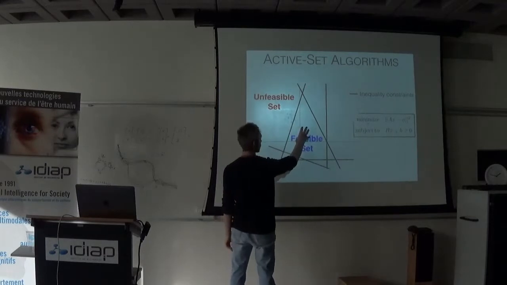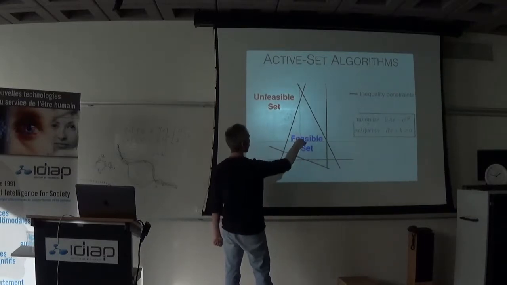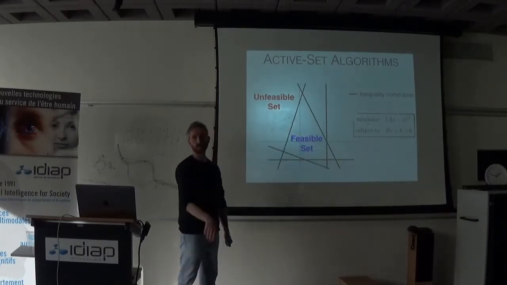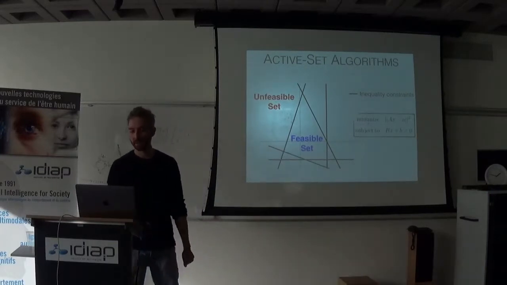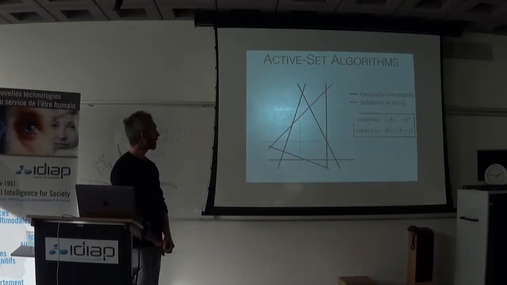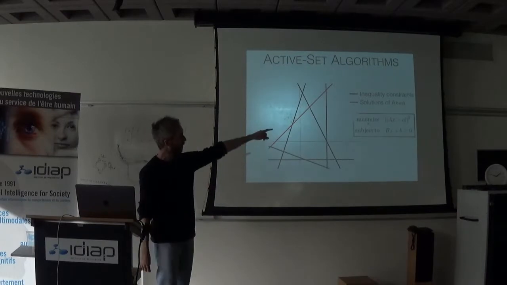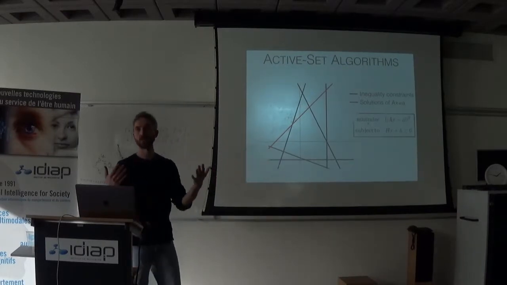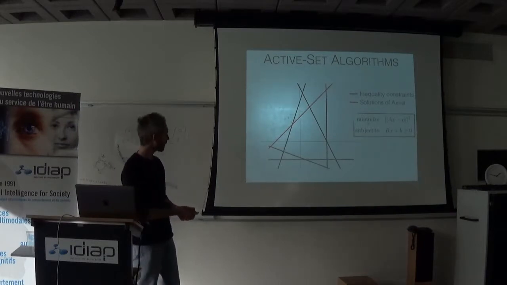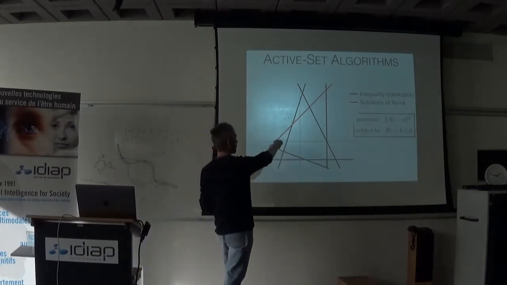So this region inside is the feasible set, and everything outside is unfeasible. And suppose that the solutions of Ax = a, which is basically what my cost function is trying to achieve, are represented by this red line here.